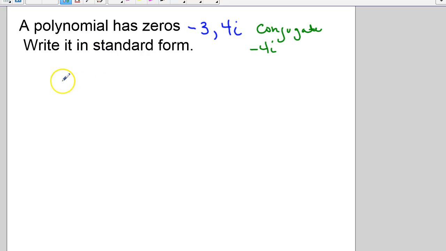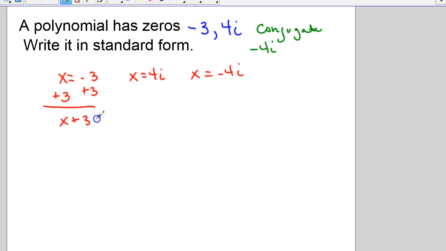So I'm going to set up x equals negative 3, x equals 4i, and x equals negative 4i, and I'm going to turn each one of these zeros into a linear factor with x equals 0.